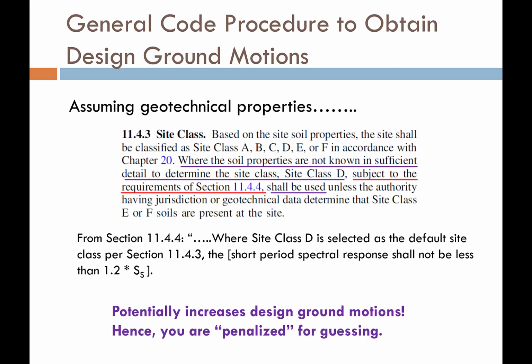So this is going to increase all of your design ground motions. So by increasing your ground motions, it's like accepting a penalty for guessing what the soil conditions are. And very few engineers that I know do this anymore because that penalty is so onerous.